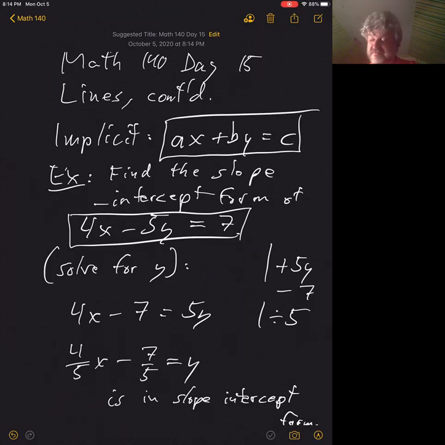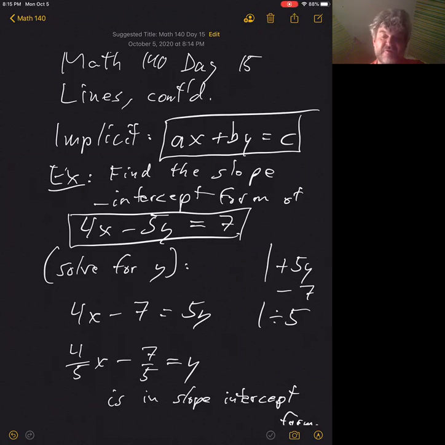They fit into that framework, whereas slope-intercept equations cannot ever describe a vertical line. So that's the one advantage that the implicit form has over slope-intercept form, that you can handle really every line in the plane. I give an equation for it in that form.